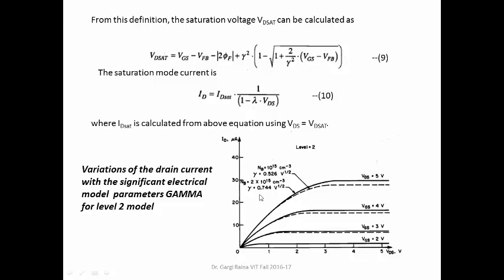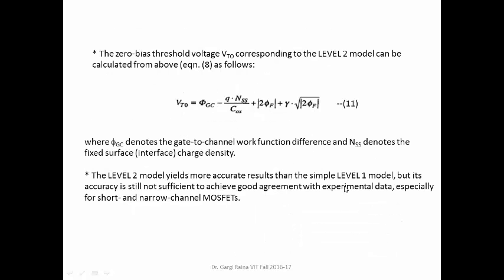So you can see here, because of these changes, the change that you observe is more accurate as compared to the previous, where we saw significant changes between the ID-VDS characteristics on change of a specific parameter.